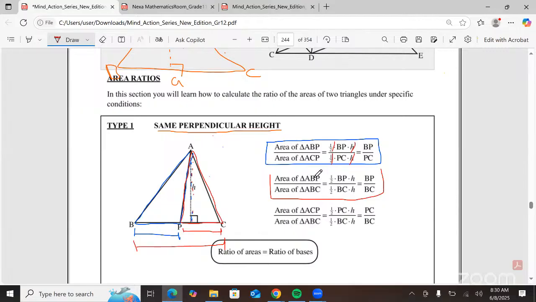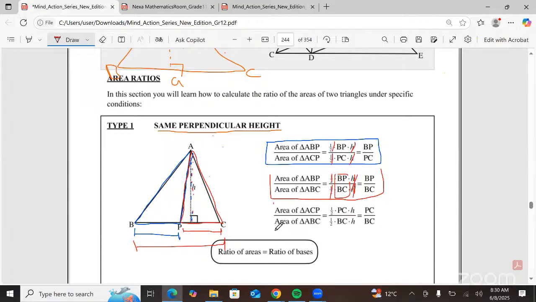The base for the triangle ABP will be BP, and you substitute your BP. The base for the triangle ABC will be BC, and then you substitute it. This half and this half, this H and this H go out. You are left with your BP over BC.